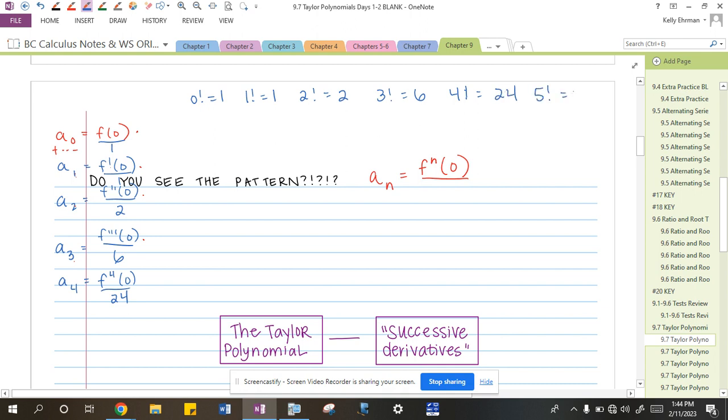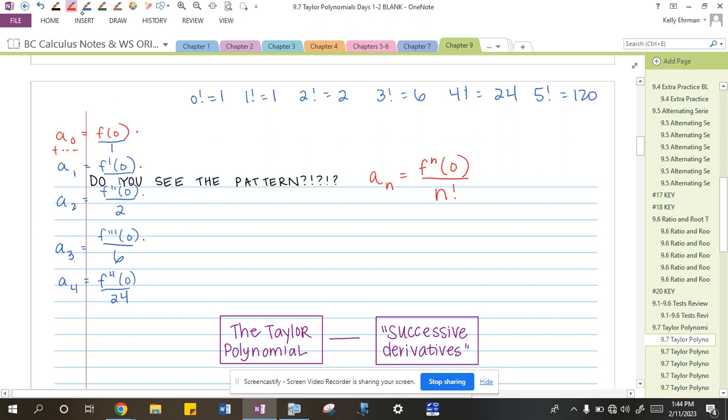To me, it's the 120 that's always the thing that sets off the bell in my head if I didn't pick it up. But this is over n factorial. So that is our pattern. We could generate any of the coefficients now. We have a pattern for how to set that up if our point of tangency is 0.